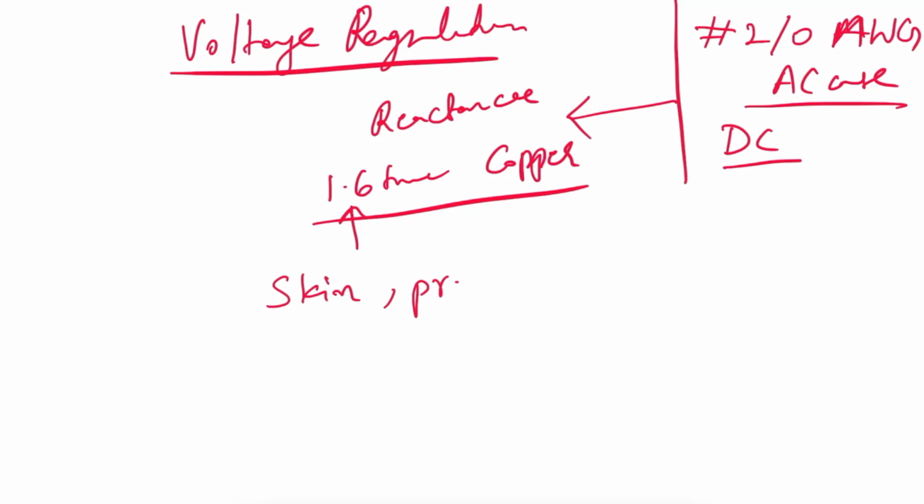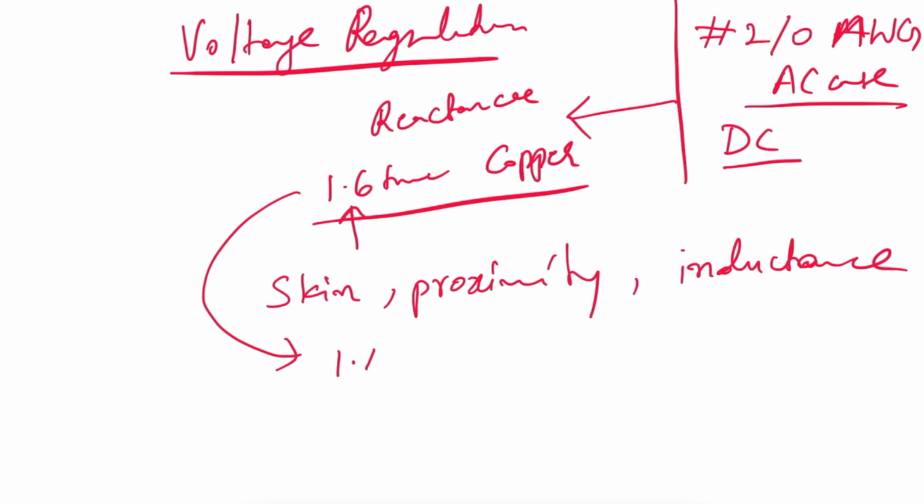Proximity effect. When two conductors come close. So these two effects and then the inductive reactance role becomes predominant. So due to these, there will be voltage drop across the cable. So now as a comparison, if we compare aluminum and copper, now this 1.6 becomes roughly 1.4.